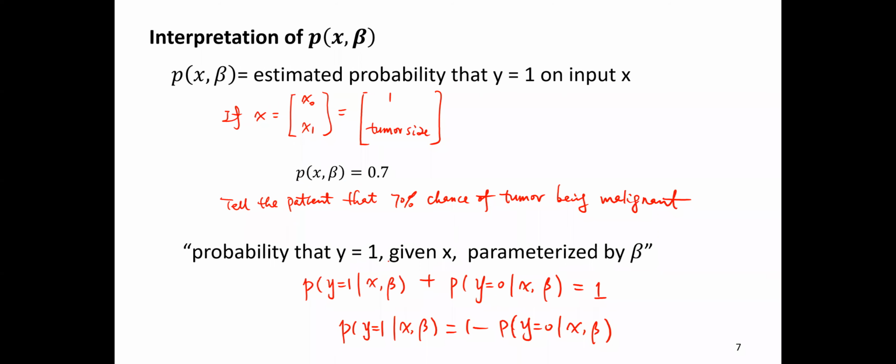So probability y equals 1 given x parameterized by beta, plus probability y equals 0 given x parameterized by beta, because we only have two outcomes, added together should equal 1. So the probability that y is malignant, yes, is actually 1 minus the probability that it is not malignant.